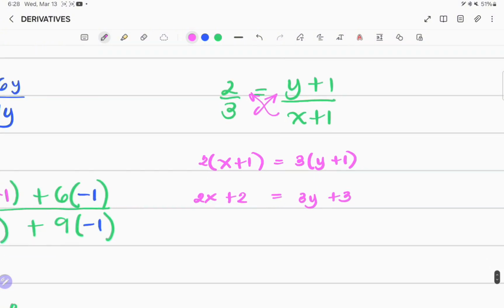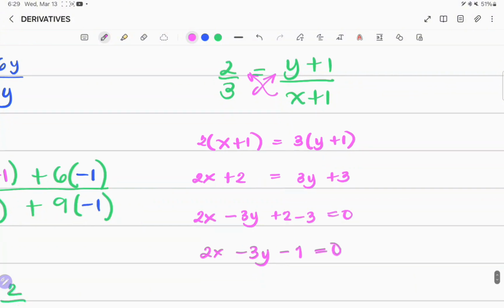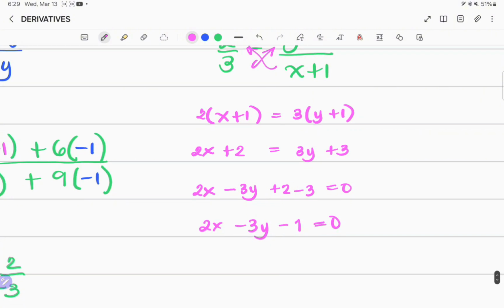In this solution, I will be taking the general form of the equation, not the standard form. Therefore, I have to equate this into 0. So we have 2x minus 3y plus 2 minus 3 is equal to 0, or 2x minus 3y minus 1 is equal to 0. So this is the equation of the tangent line.